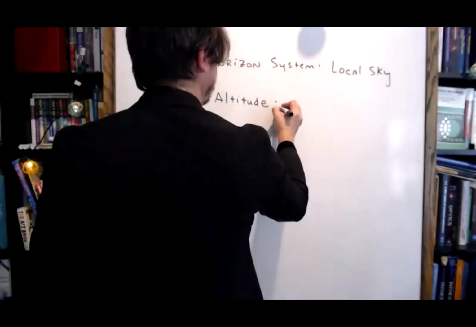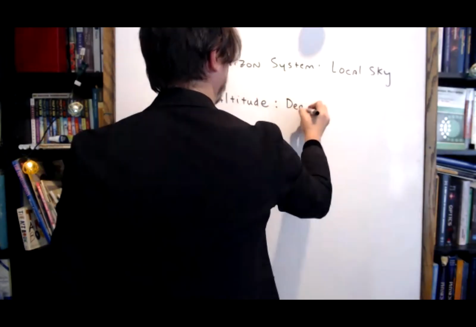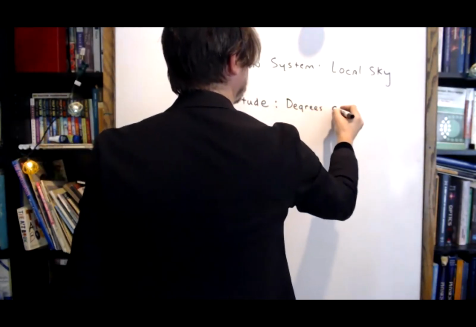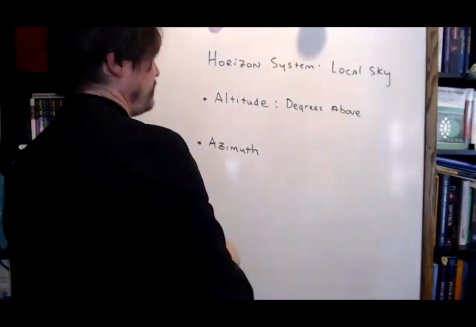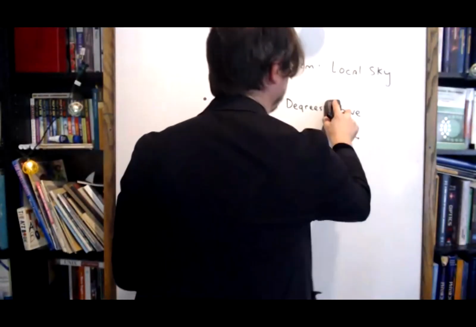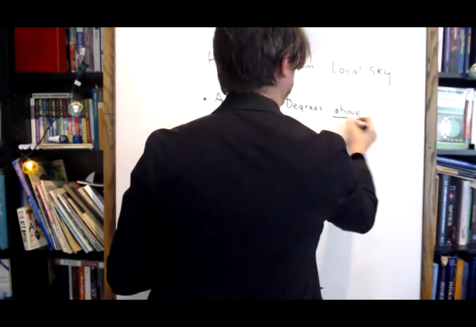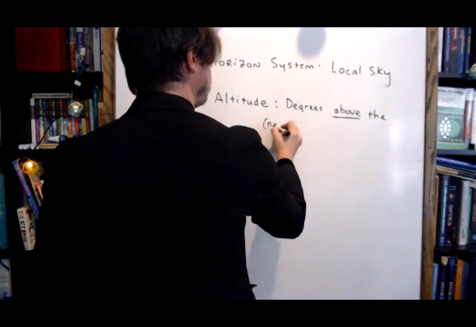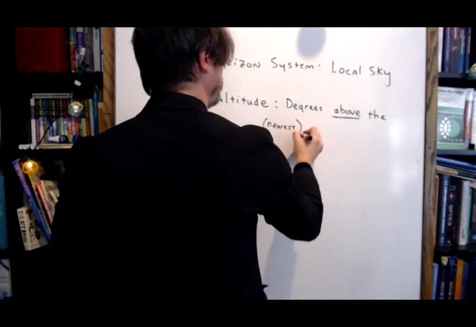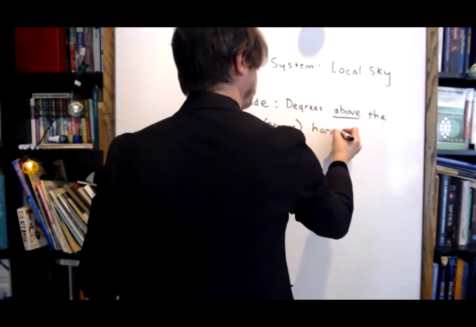Altitude is defined as the degrees above the nearest horizon.